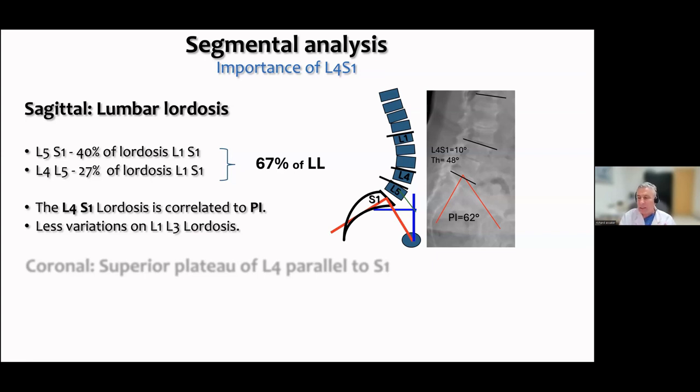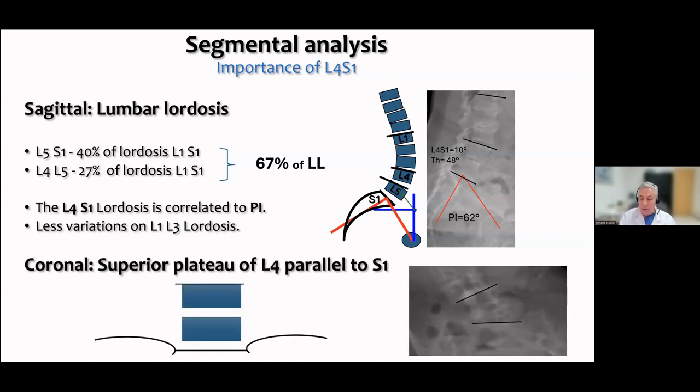Not only getting a global alignment SVA below 50 millimeters, but also the distribution of the lordosis between L4 and S1 has to be around 70% of the total lumbar lordosis. Also, Pierre Roussouly insists on how important low versus long lordosis is. In the coronal plane also, it's important to get the plateau of L4 parallel to S1.